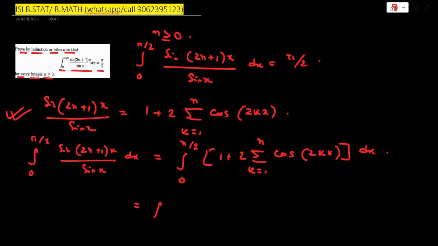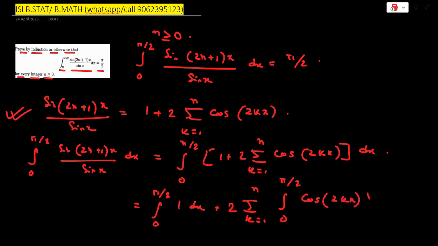This is the integral from 0 to pi by 2 of 1 dx plus 2 times the summation of k equal to 1 to n of the integral from 0 to pi by 2 of cos 2kx dx. Now the easy part first: the integral from 0 to pi by 2 of 1 dx is basically pi by 2.